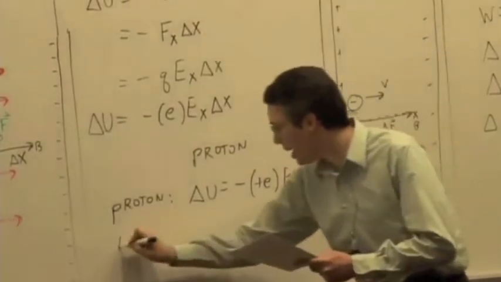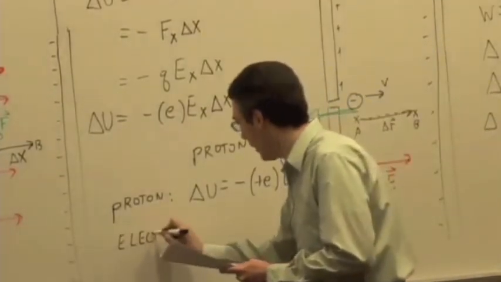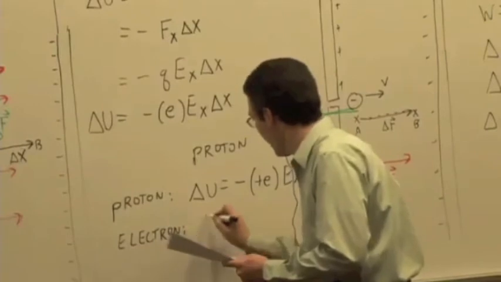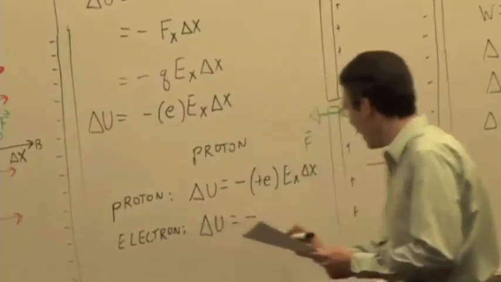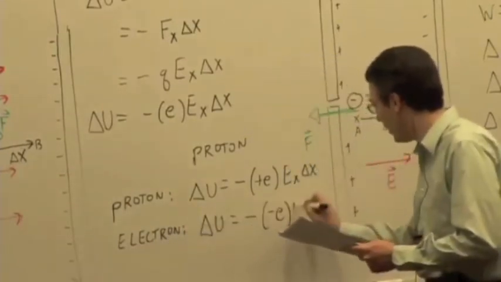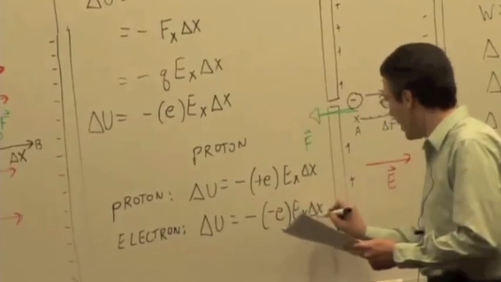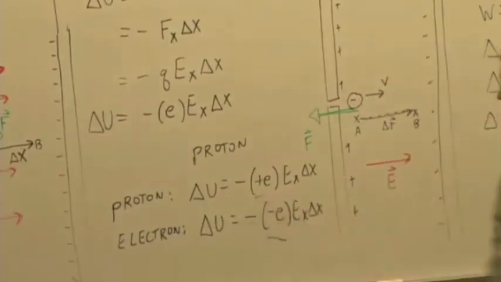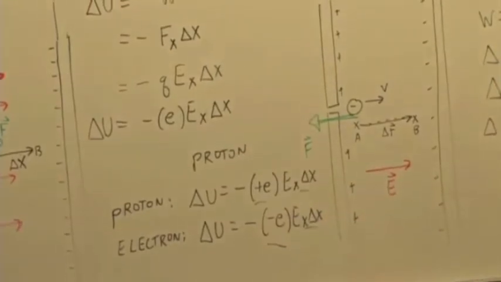And if I do it for the electron, I could write it this way: a negative times a negative e, E_x times delta x. So the only thing that's different here is the charge. The E_x times delta x is the same in both of those expressions.